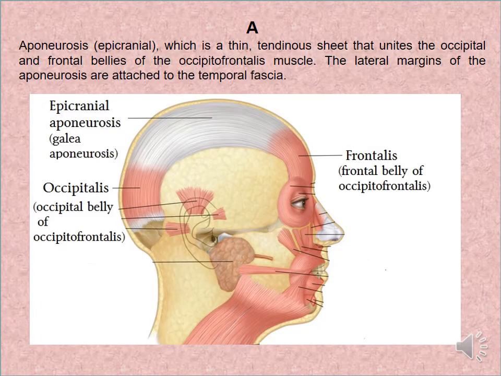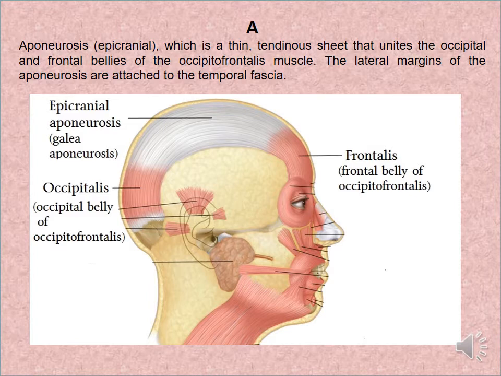The third layer is the aponeurosis, or epicranial aponeurosis, the letter A, which is a thin tendinous sheet that unites the occipital and frontal bellies of the occipitofrontalis muscle. The only muscle in the scalp is the occipitofrontalis muscle. It has 2 parts, and between these 2 parts the tendon is the aponeurosis.